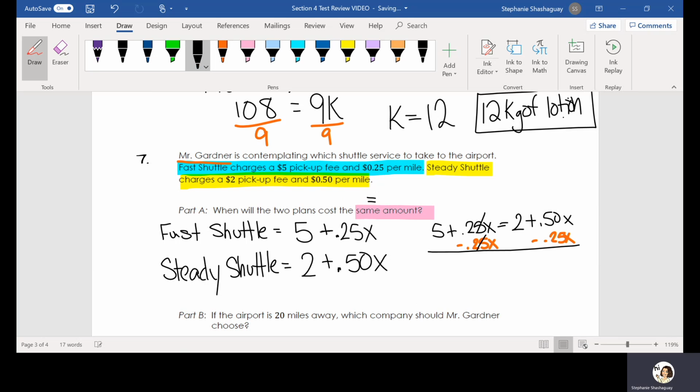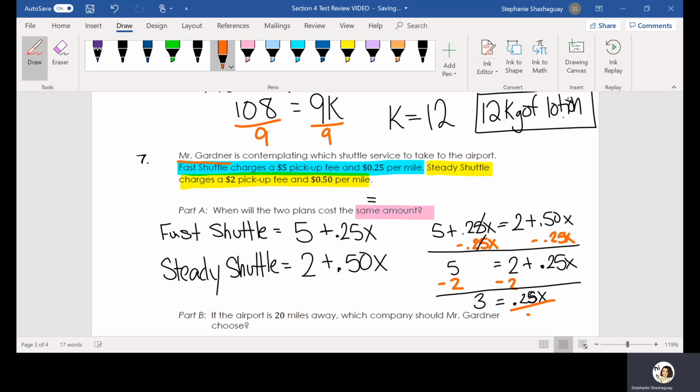This will cancel out. And then I'm left with 5 is equal to 2 plus 0.25x. Now I need to subtract 2 and subtract 2. And I get 3 is equal to 0.25x.